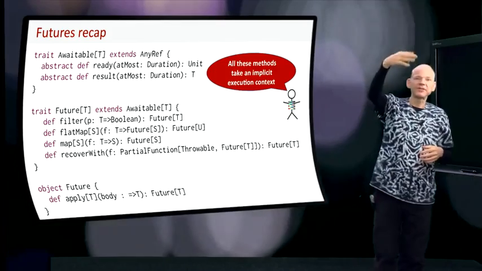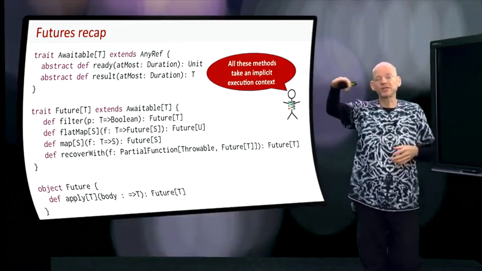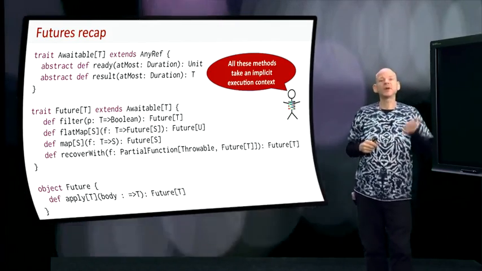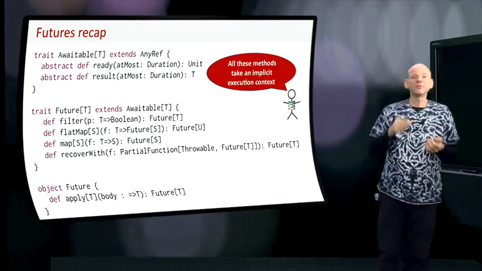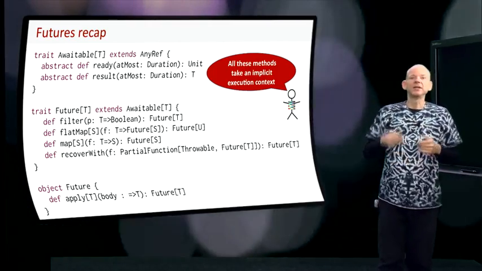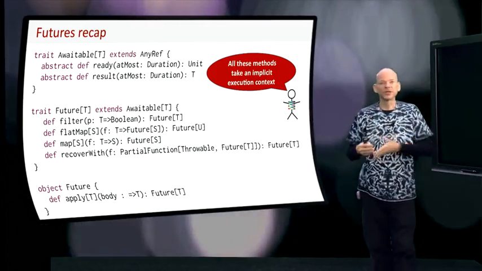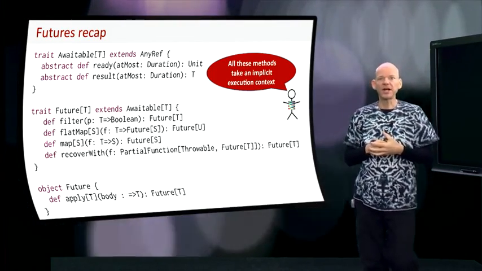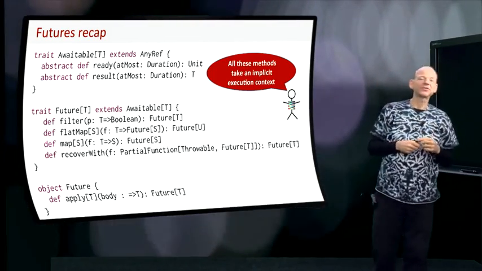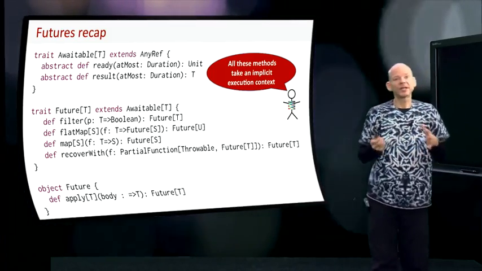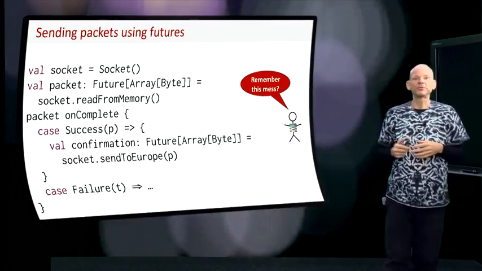Such as filter, flat map, and then of course there are certain domain-specific operators that are only defined on future, and that one is recover with. And recover with there, you see, takes a partial function that takes a throwable and returns a future. All right, and there we have our friend, the future constructor. So now let's see how we can use this to improve our code.